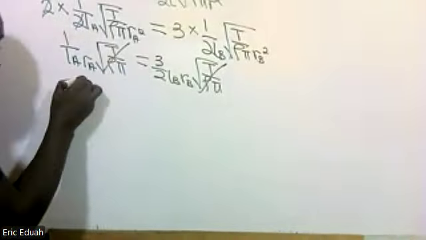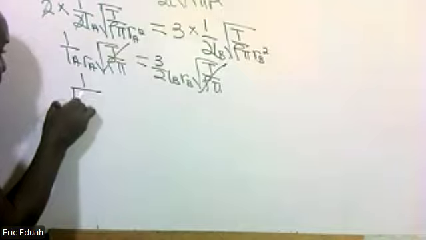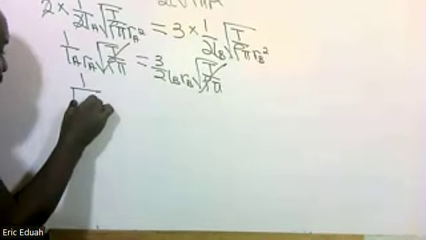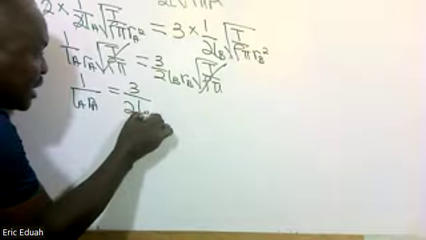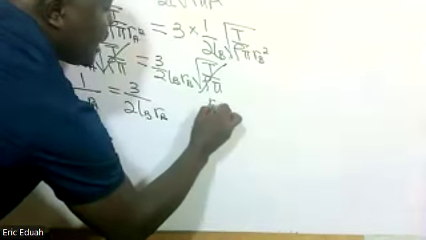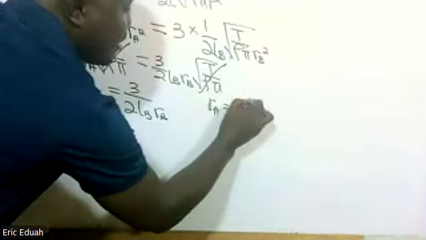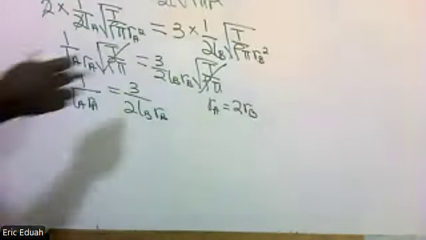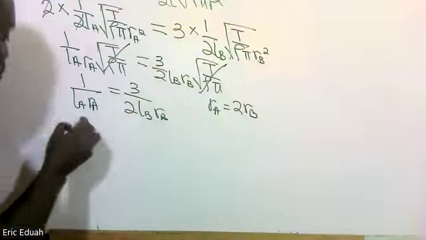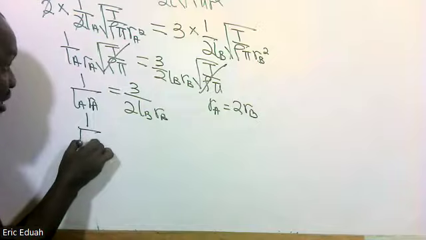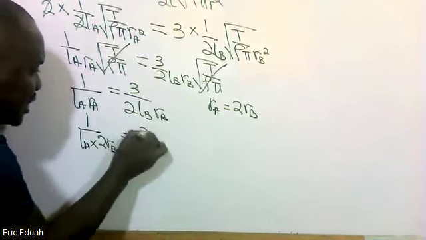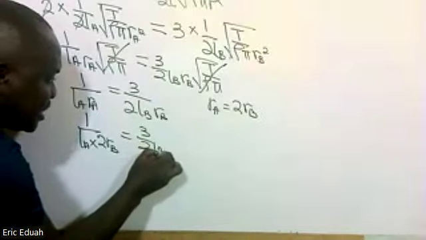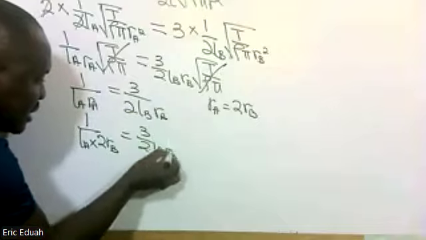We have 1 on LA times RA is equal to 3 on 2 LB times RB. Then in the question, we're told that R of A is equal to 2 times R of B. So I substitute this for RA: 1 on LA times 2 RB is equal to 3 on 2 LB times RB.